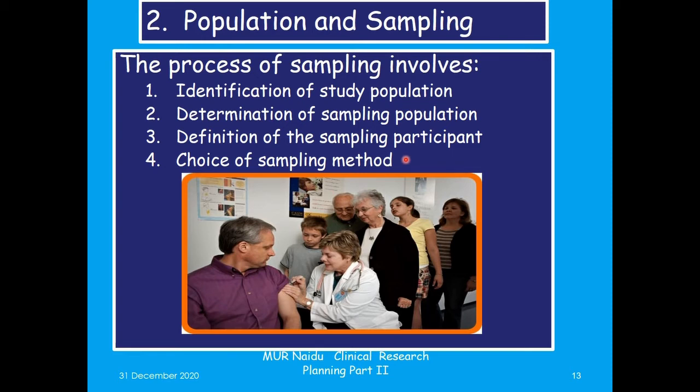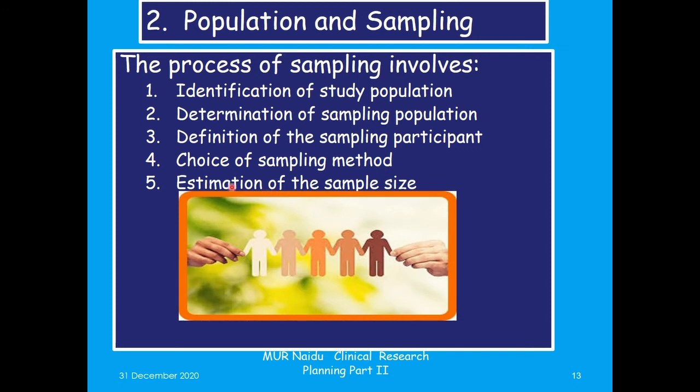And the last, which is very, very important, is that there must be a correct estimation of sample size. How many patients you would like to include into the clinical trial in each group? How many patients you are predicting will be dropouts?